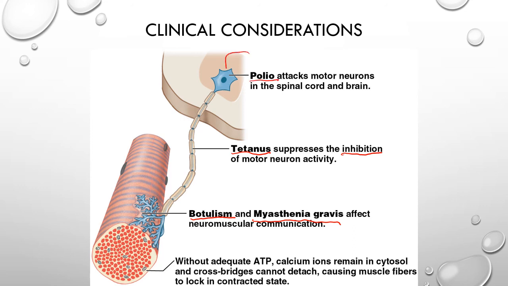Polio affects the anterior horn cells of the spinal cord, and so it's going to destroy the lower motor neurons so that they can no longer send the signal. So we stop it way back up in the cell body, and the signal never even gets to the muscle, again causing a denervation type of atrophy in the muscles. From here, we'll continue on to look at the muscle and the physiology of them.